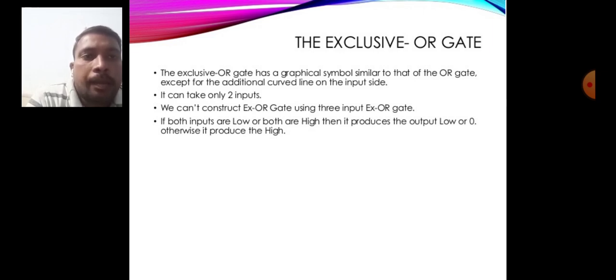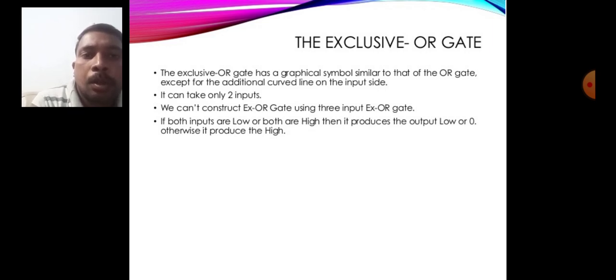This is the graphical symbol, similar to that of the OR gate, except for an additional curved line on the input side. It can have only two inputs.